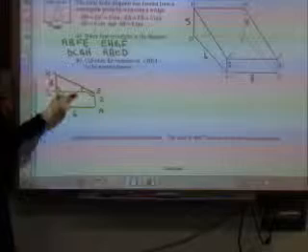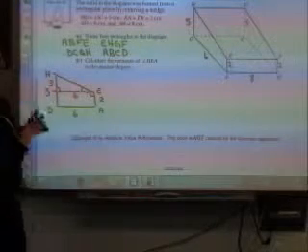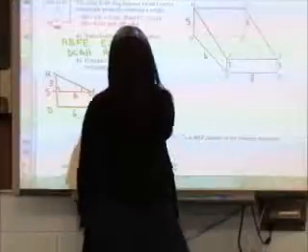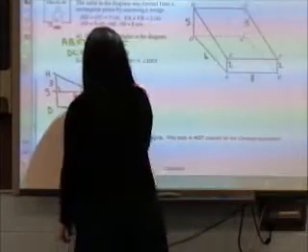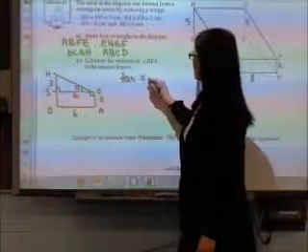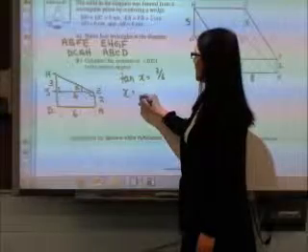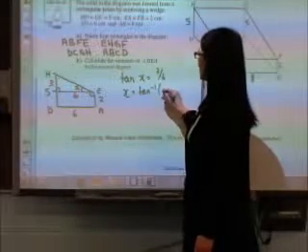I have 2 sides. How do I find the angle? What do I use? Tan. So then the tan of angle, let's call it X, is 3 over 6. So then angle X would be the tan inverse.